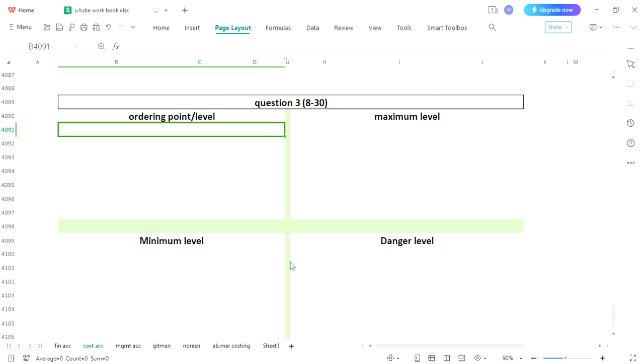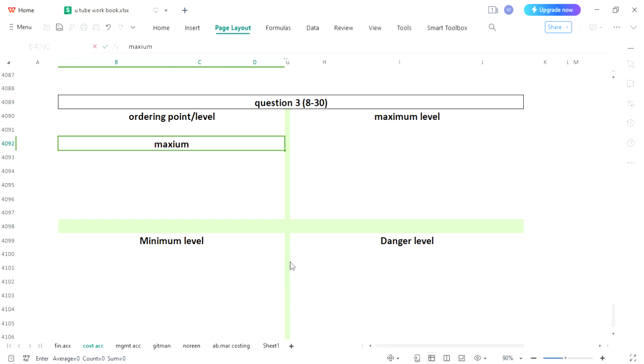As you know, we have seen their formulas as well. For the ordering point, we need maximum consumption, though several other words can replace maximum consumption, and then we need lead time.